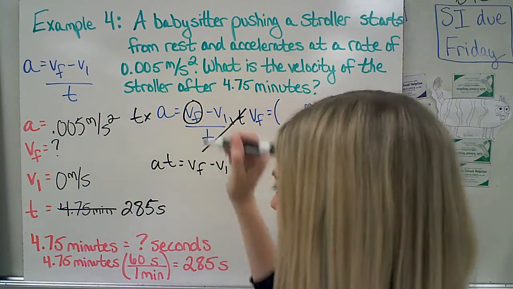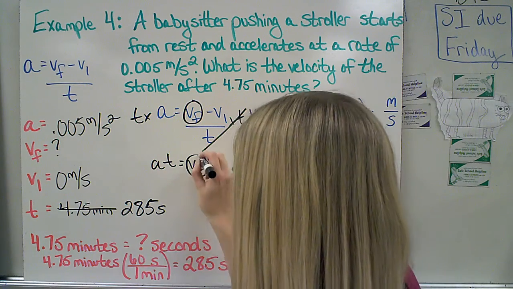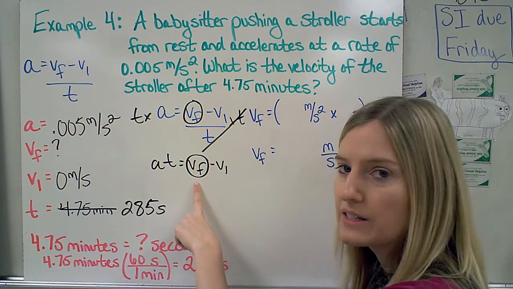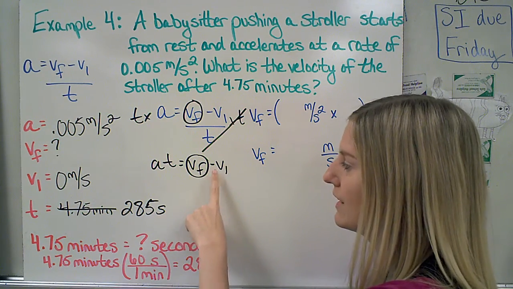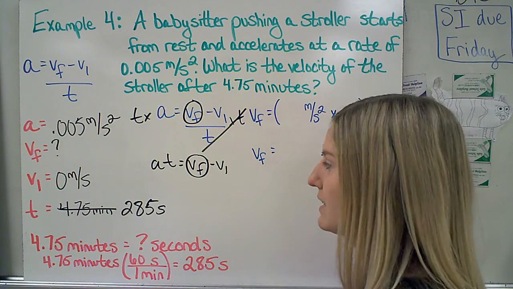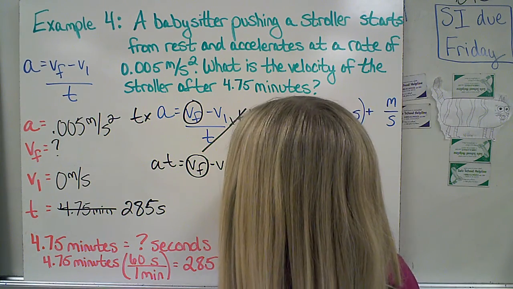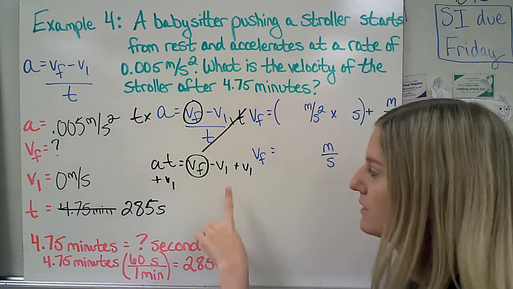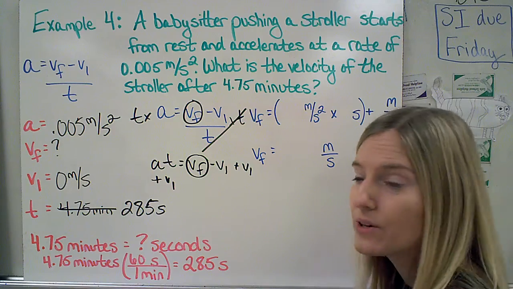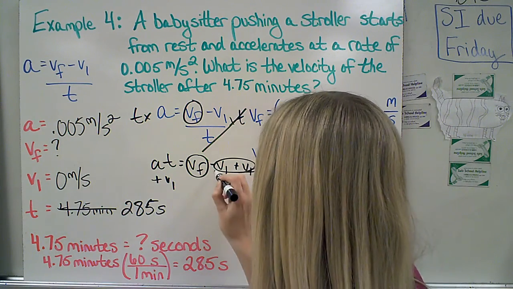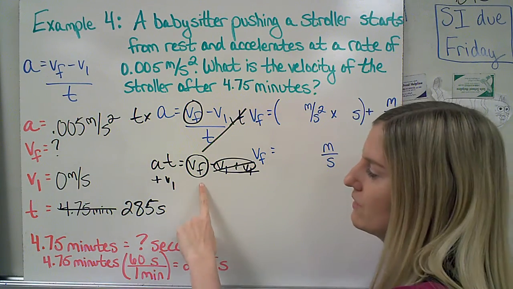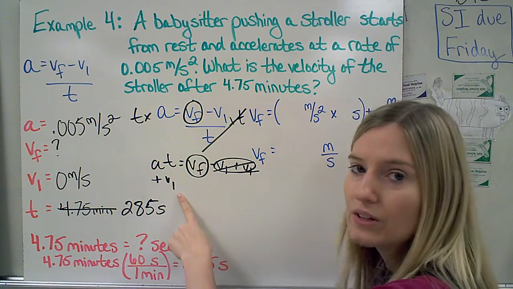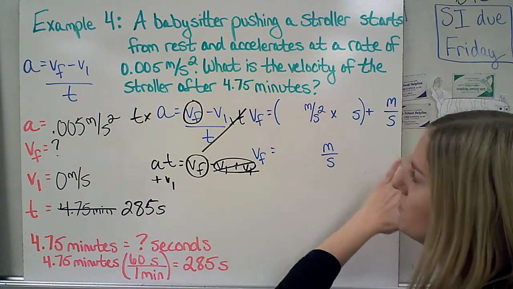So I should have circled that to begin with. I'll circle it here. If I want this by itself, I need to reverse whatever's being done to it. Right now, vi is being subtracted from it, so what I need to do is add vi to both sides, because negative vi plus vi is 0. So that is nothing now. I have vf equals a times t plus vi. Okay, so I've set that up over here.